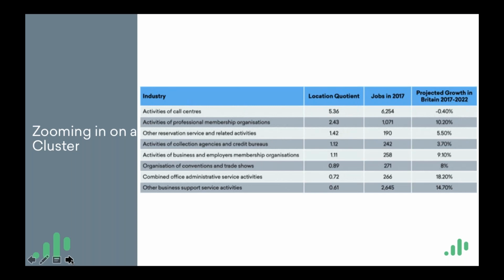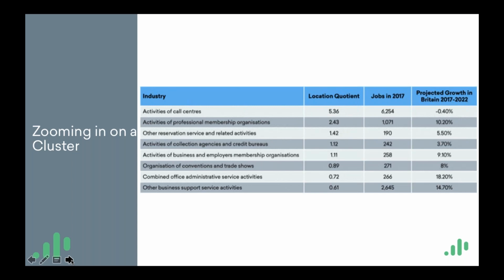The second one there is activities of professional membership organisations. Here we can see a location quotient which is significant, 2.4, but not as significant as call centres. The number of jobs is 1,000, but you can see projected growth is 10%.